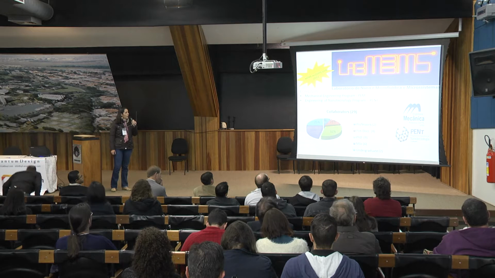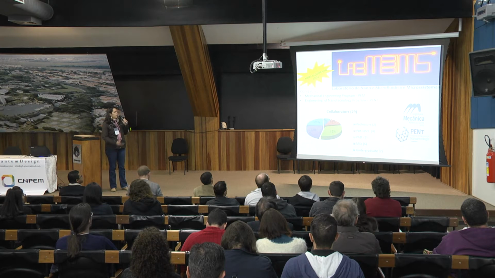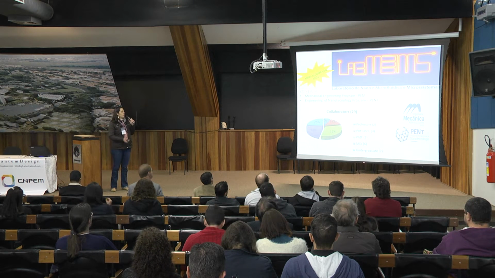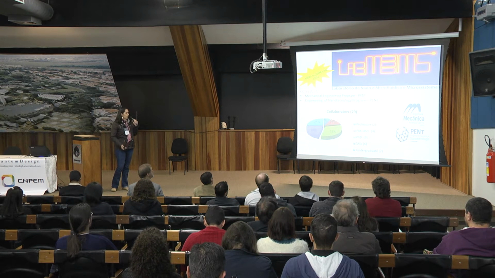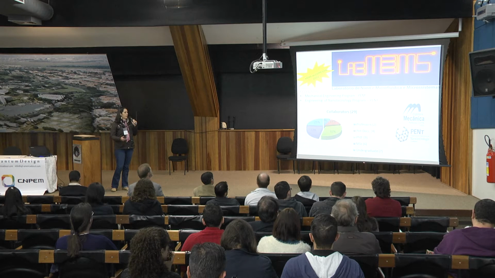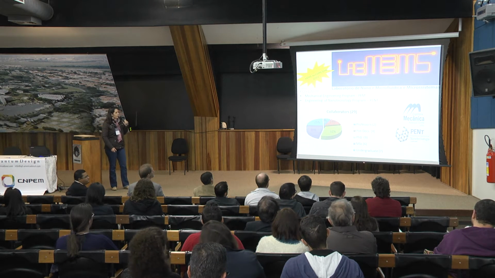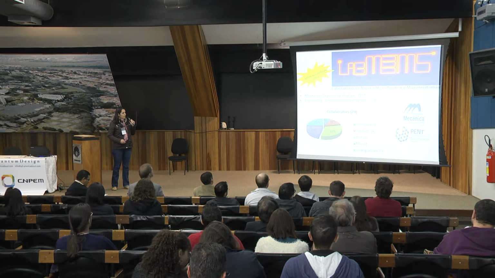So we work in this lab MEMS. It's the Nano and Microfluids and Microsystems Lab. It's a new lab since 2011. So we have now 29 collaborators, 2 professors, 4 postdocs, 9 PhD students, 6 master students, and 7 undergraduate students.